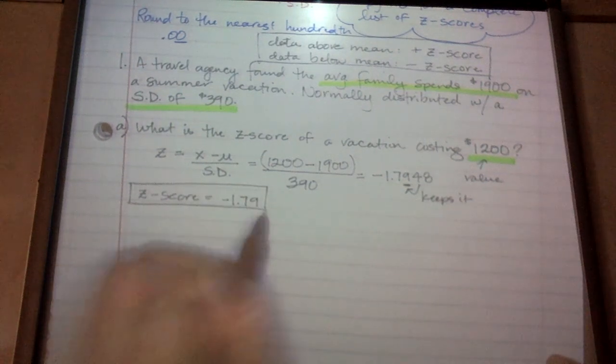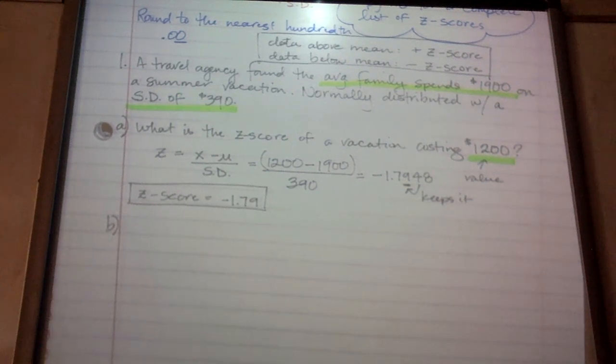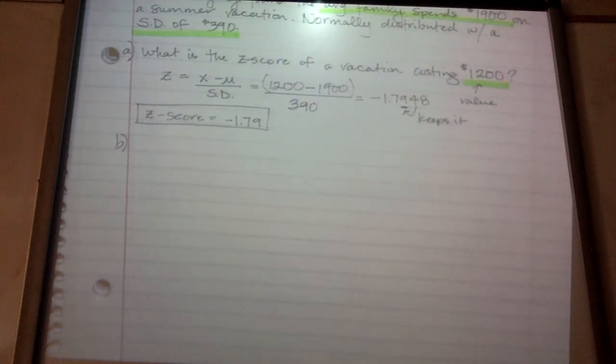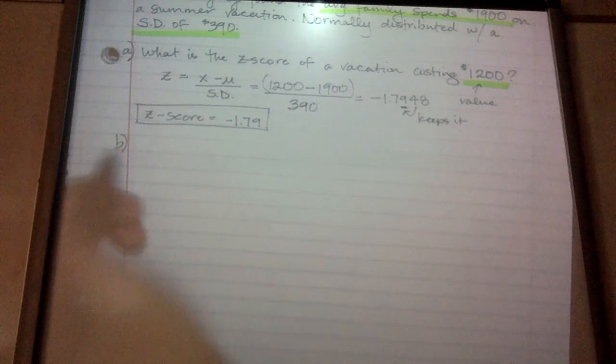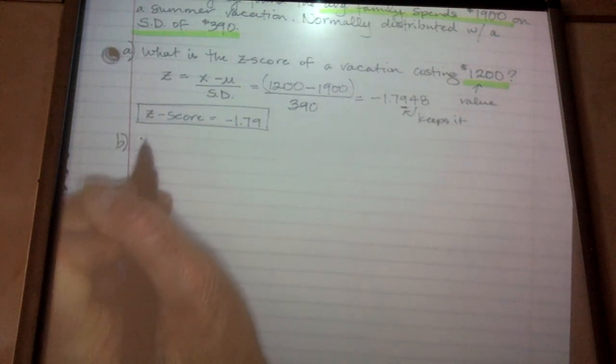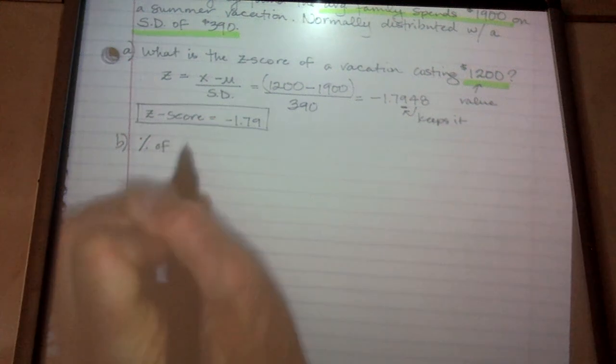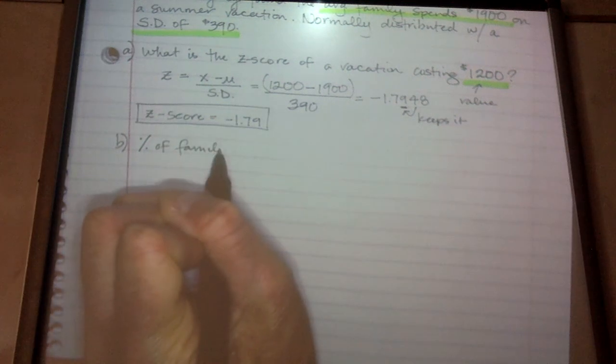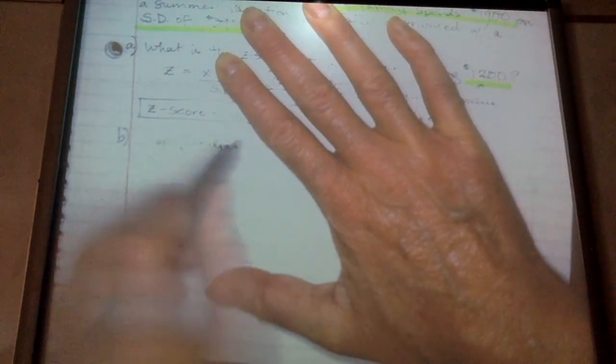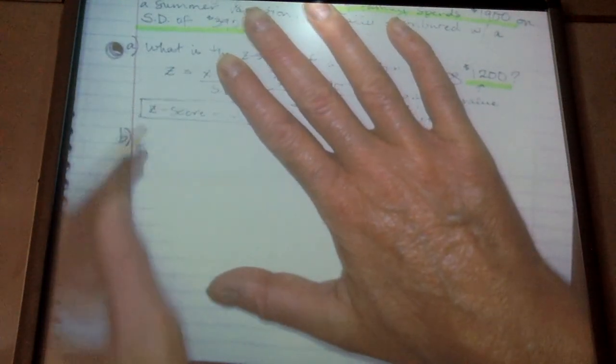Now, the next few questions are how to use that z-score, how to use that data. If I want to talk about percents of families, I'll use the same z-score we used above.